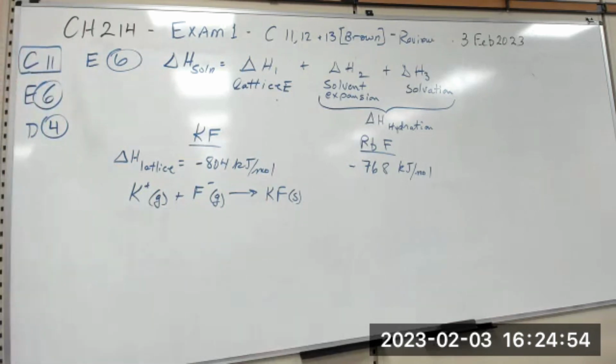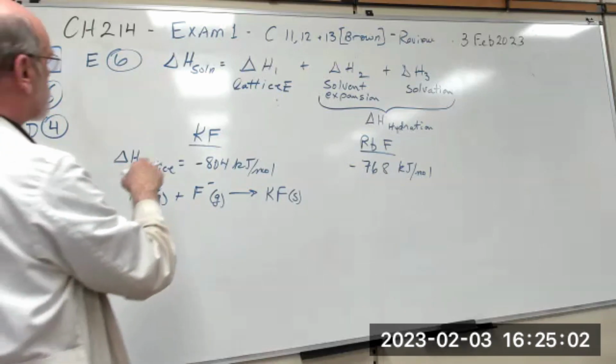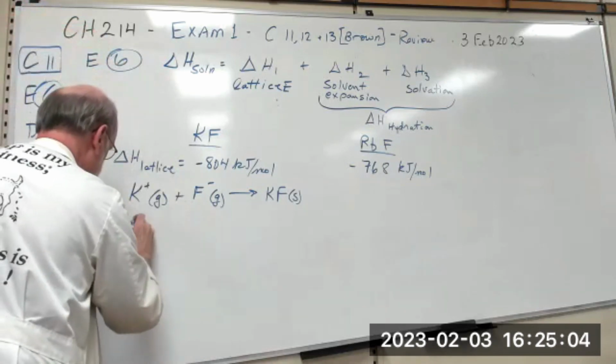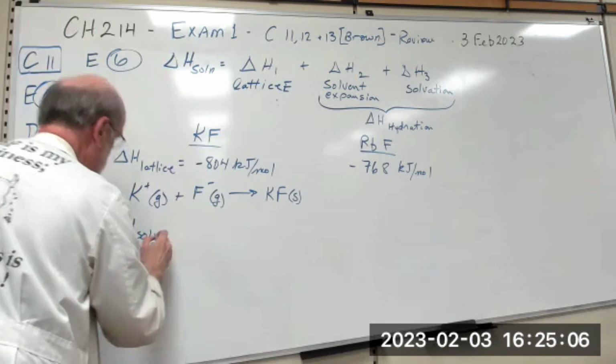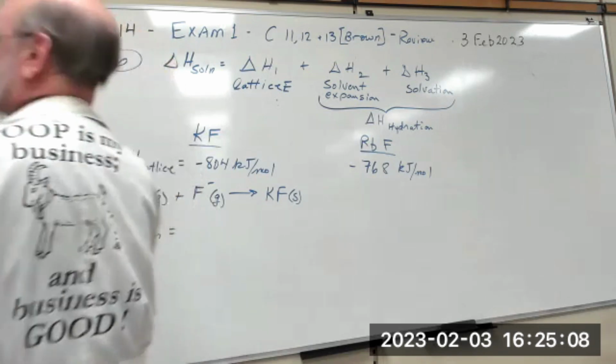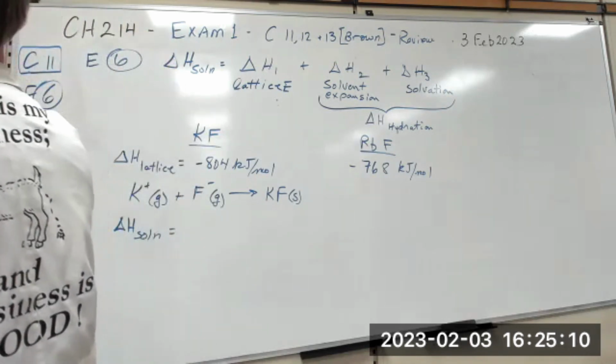So I'm missing some information. Oh, here it is. The heat of solution for KF. The delta H of solution for KF is minus 15 kilojoules.